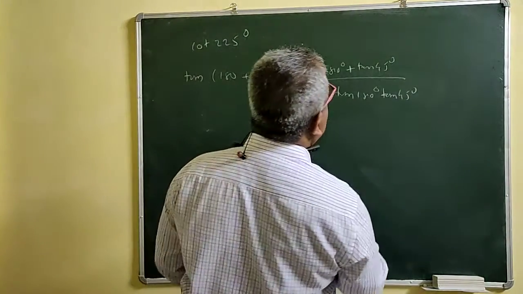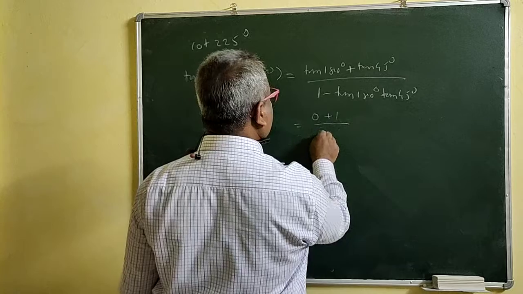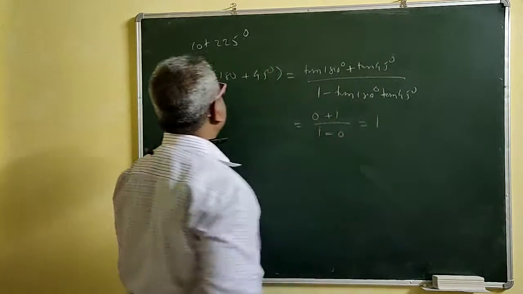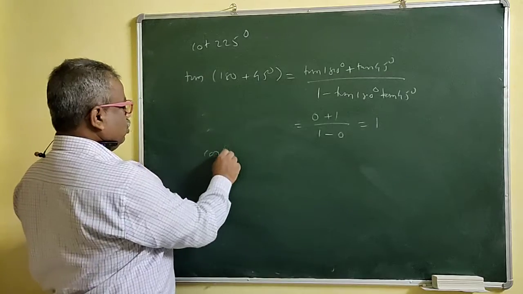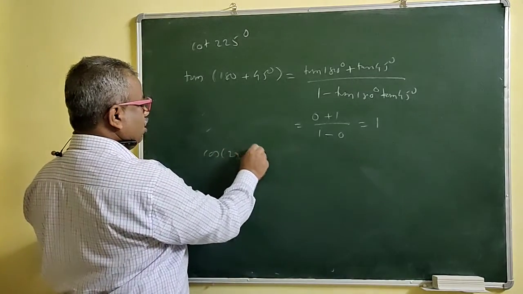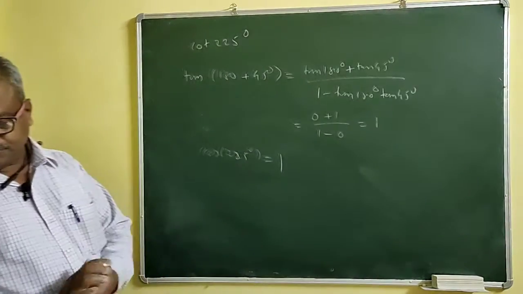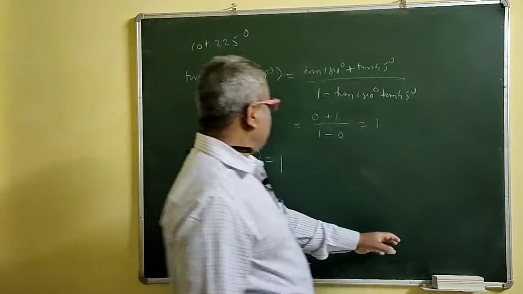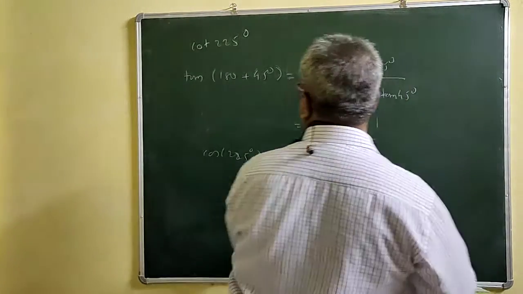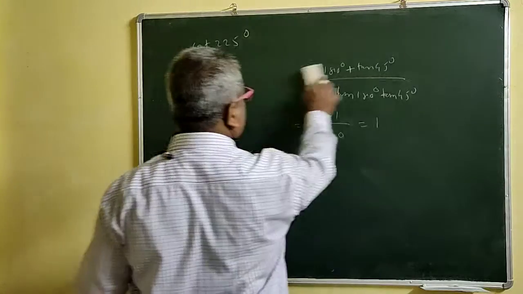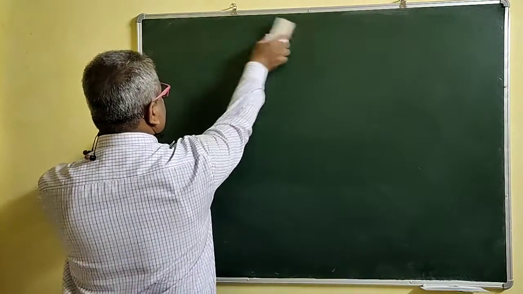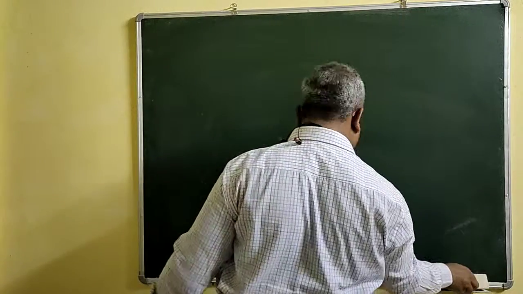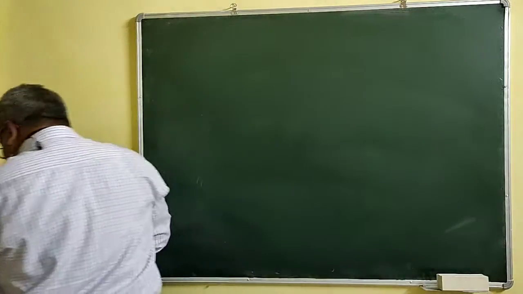So it is 1 upon 1 minus 0, which is 1 now. Therefore cot 225 degree is also 1 because it is the reciprocal. We are interested in cot, not tan, but we cannot find the cot of 180 plus this, therefore we are trying for tan now. Okay.